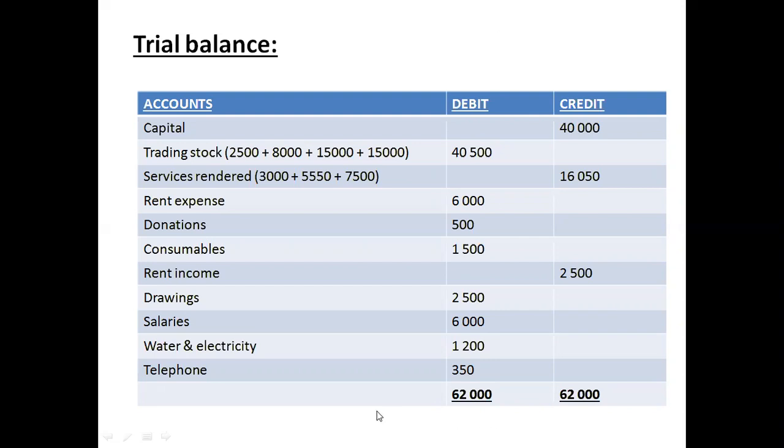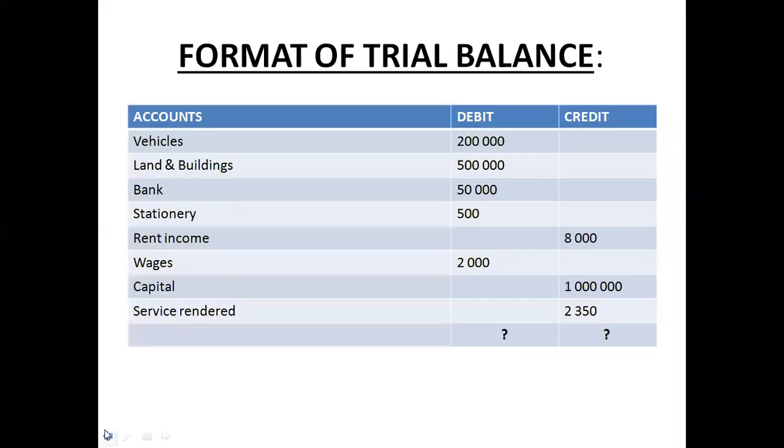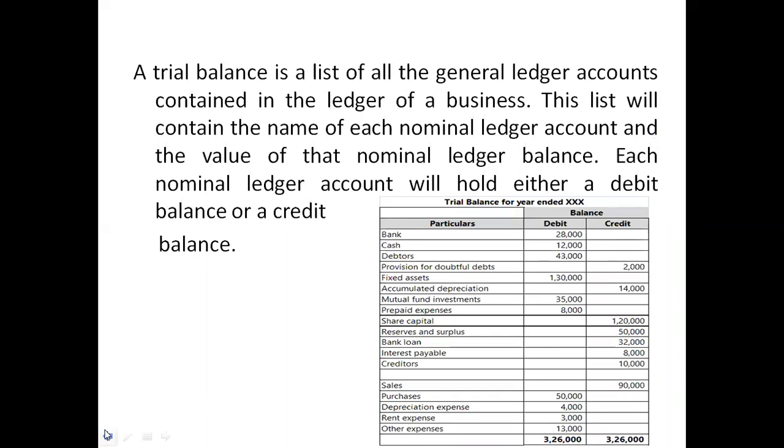Right, and again, I'm just going to quickly revise today's work. So I'm just going quickly back. Right, our topic was the trial balance. What is the trial balance? It's a list of all the general ledger accounts, or you can do it directly from transactions like you have done in the activity.